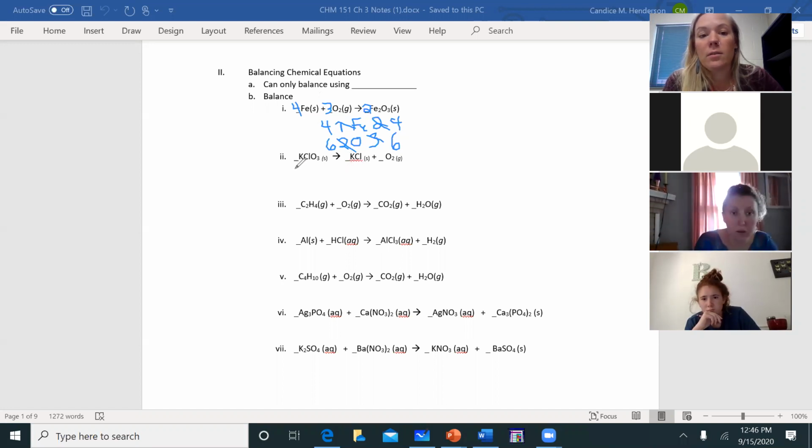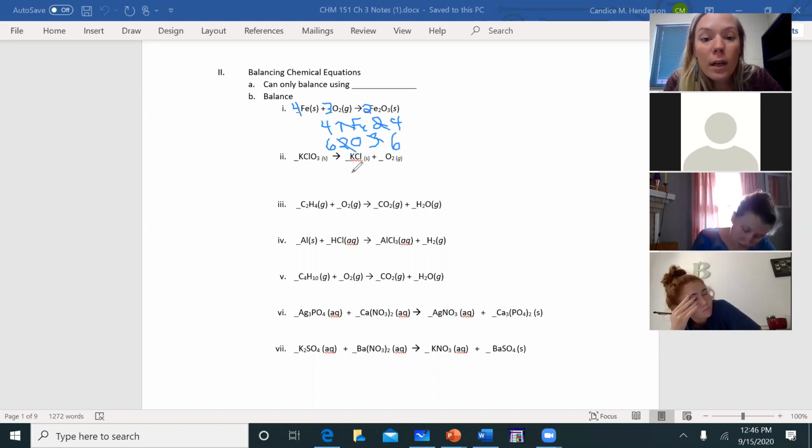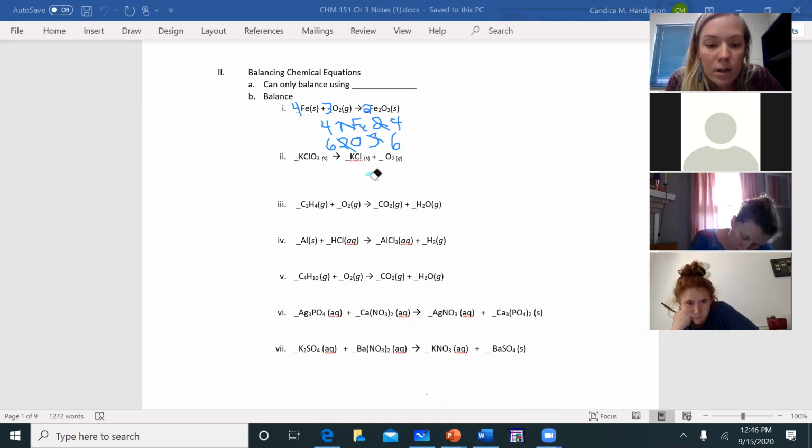So let's look at this next one, KClO3. This will decompose into KCl and O2. Okay, so I'm going to take inventory. So I have K, I have Cl, and I have oxygen.